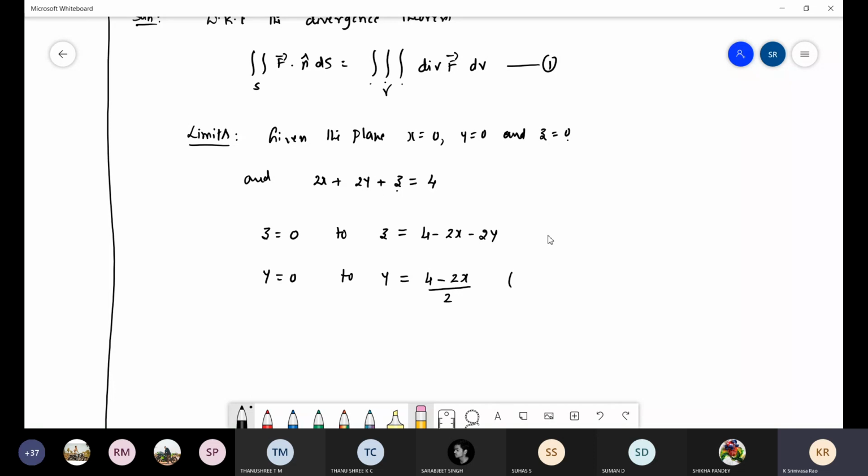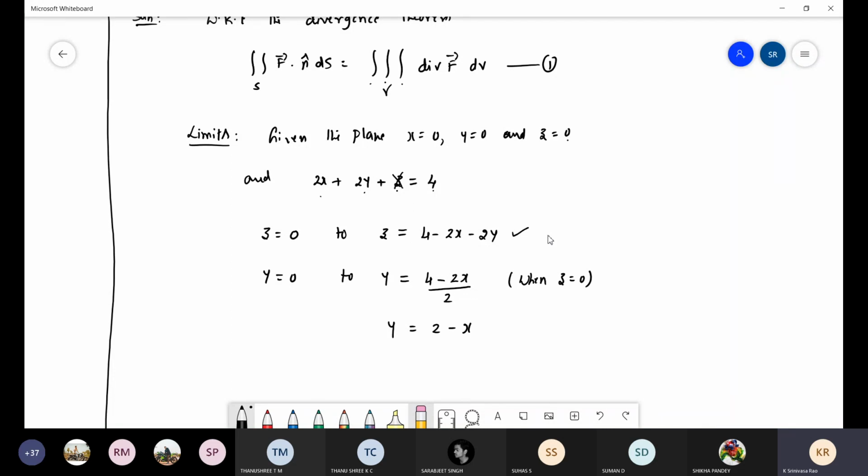In bracket you write down when z is equal to 0, because z is already calculated. To calculate y you put z equal to 0 here, and once z becomes 0 you will get 2x plus 2y is equal to 4. So 2y is equal to 4 minus 2x, therefore y is equal to 4 minus 2x by 2, or y is equal to 2 minus x. This is the upper limit for y.